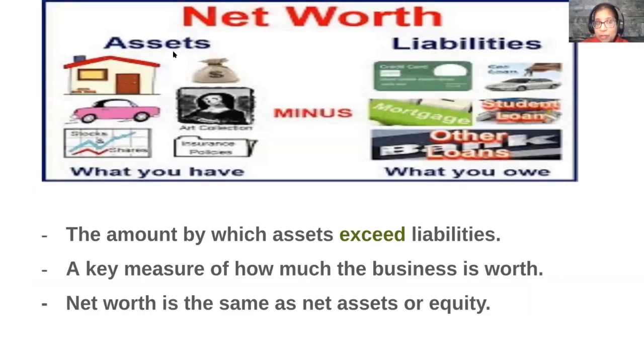So the difference between your assets, what you have, and the liabilities, what you owe, is called the net worth of the business or the equity of the business. Can also be termed as the net assets of the business.